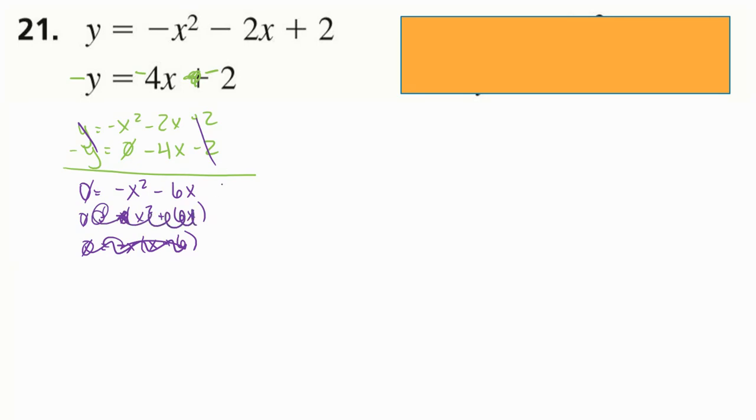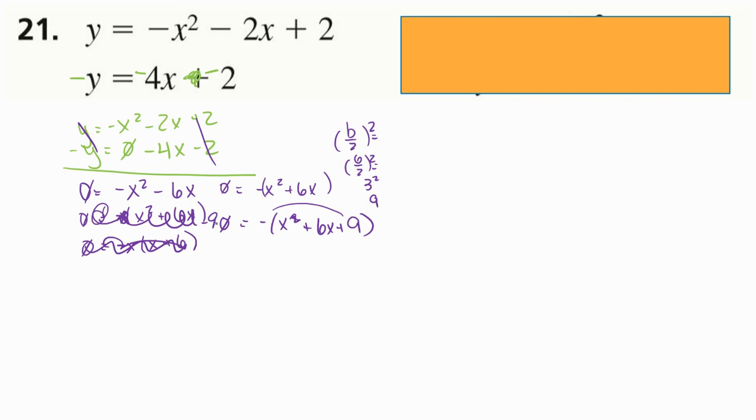So 0 equals negative x squared plus 6x. So b divided by 2 squared equals 6 divided by 2 squared equals 3 squared, which equals 9. Negative x squared plus 6x plus 9, which is really a minus 9, so minus 9 over here.